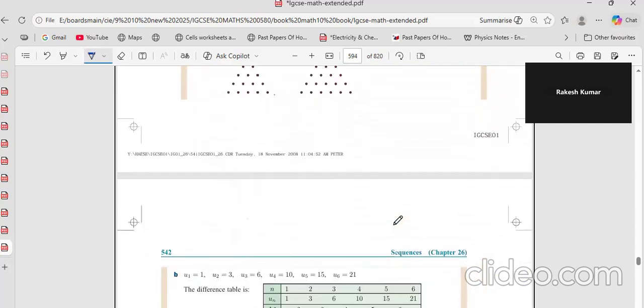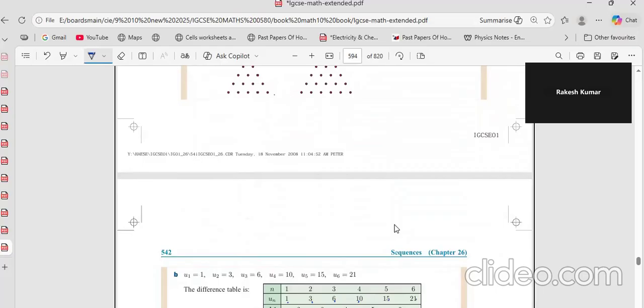I find another series, which may be given in the form of dots. You would have to calculate the numbers, but it could also be given directly like 1, 3, 6, 10, 15, 21. I have to find the nth term.